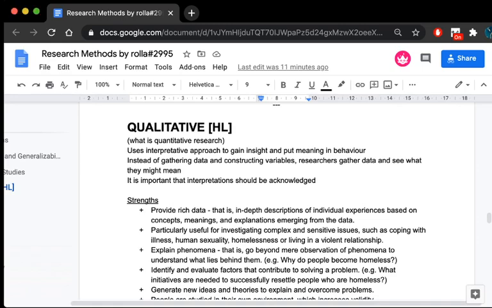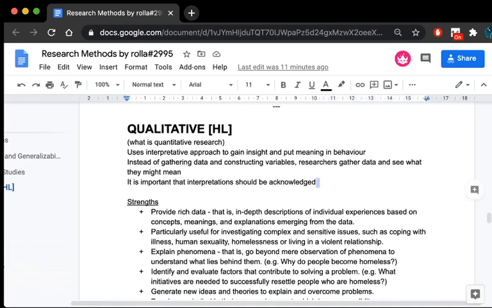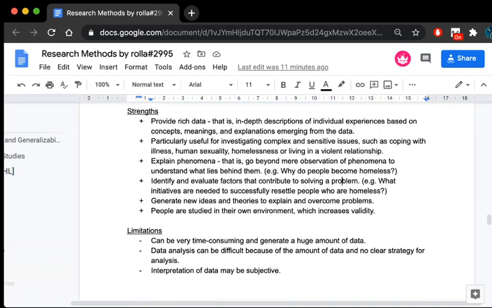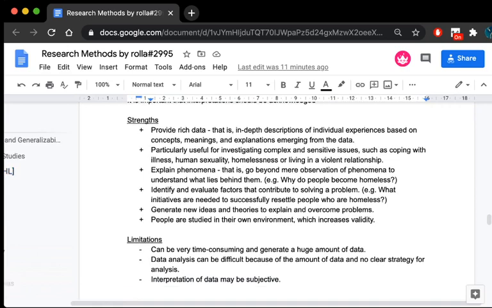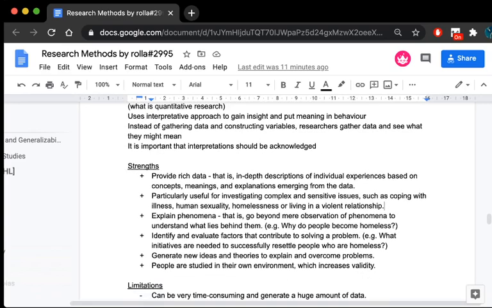Alright, so I've explained what qualitative studies were before, and now I'm just going to get into the strengths and the limitations of qualitative studies. Qualitative studies are good if you have the purpose of getting really in depth about rich subjective experiences, because usually in psychology behaviors are very complex, right?